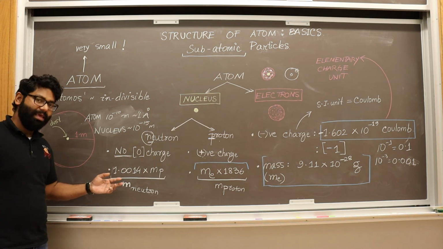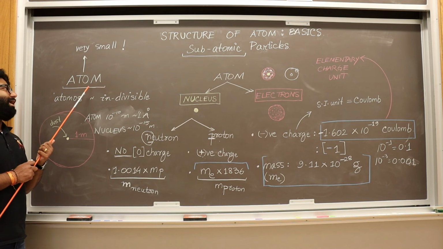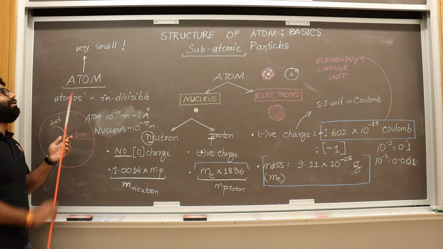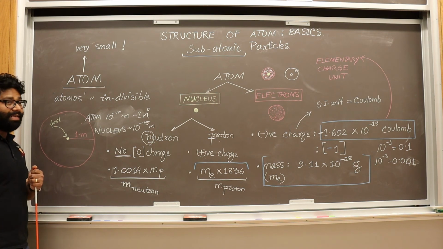slightly heavier. Also, another thing is the size of the atom is really small. But that is not a shocker. What is a shocker, at least for me it was, that the nucleus is really, really, really small, even as compared to the size of the atom.